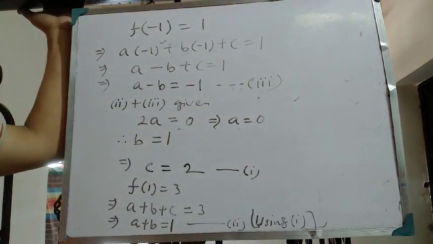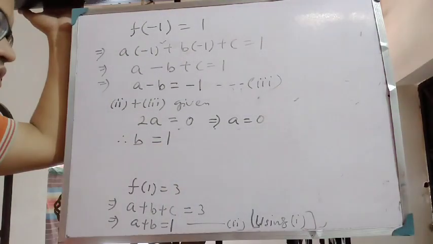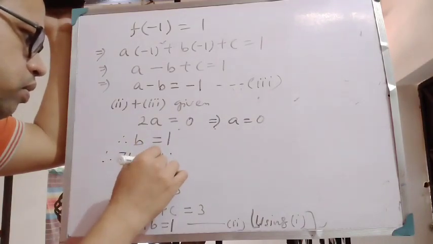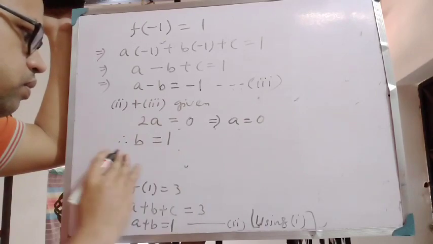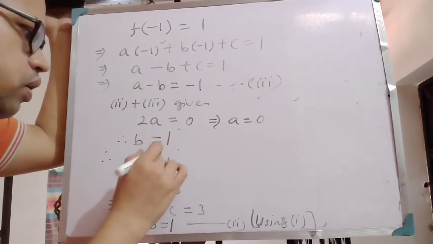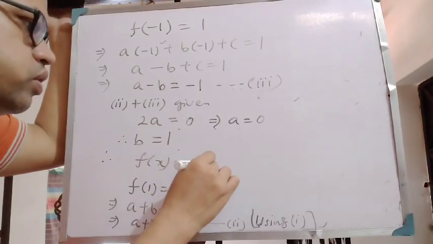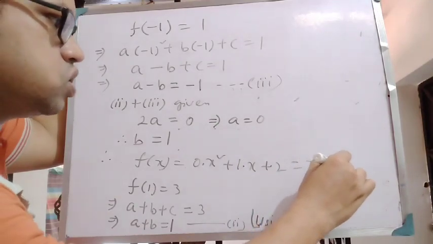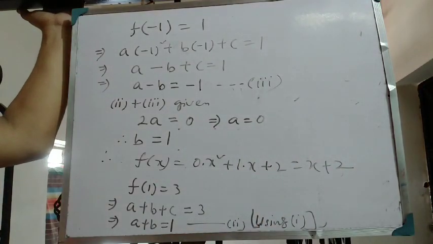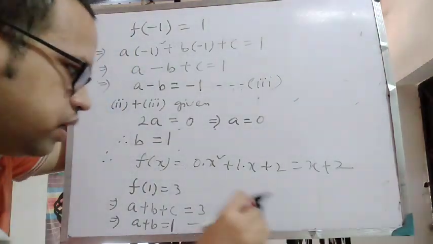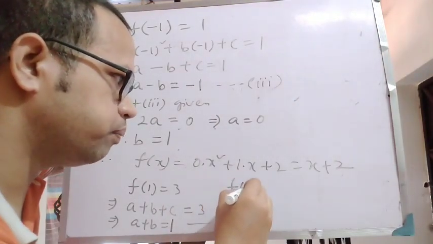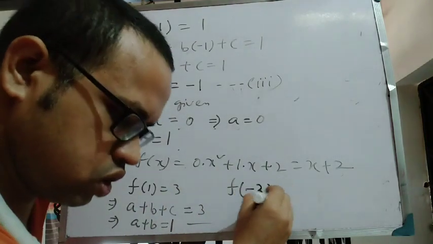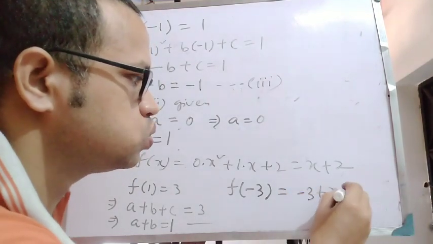So the expression becomes, therefore, the polynomial f(x) equals 0 into x square plus 1 into x plus 2, that is only x plus 2. So the value of f(-3) will be then -3 plus 2, that is -1.